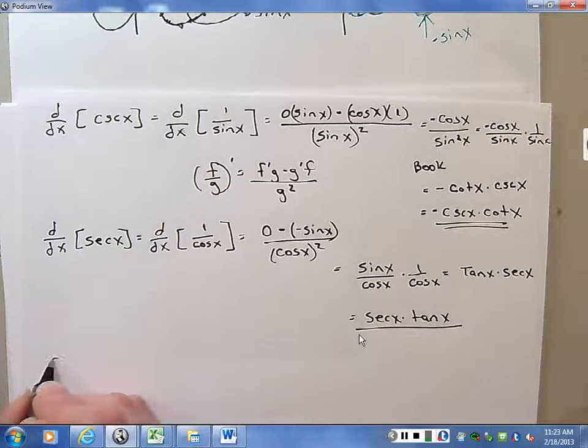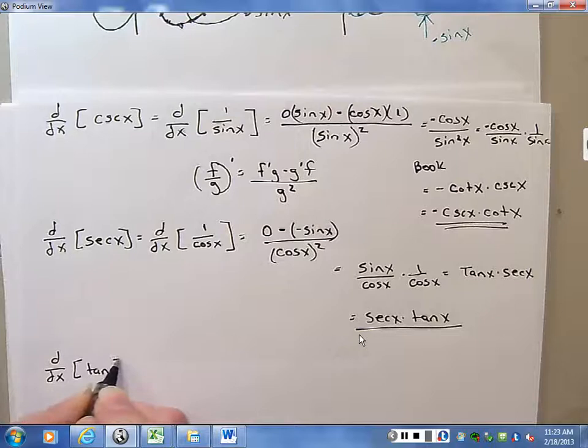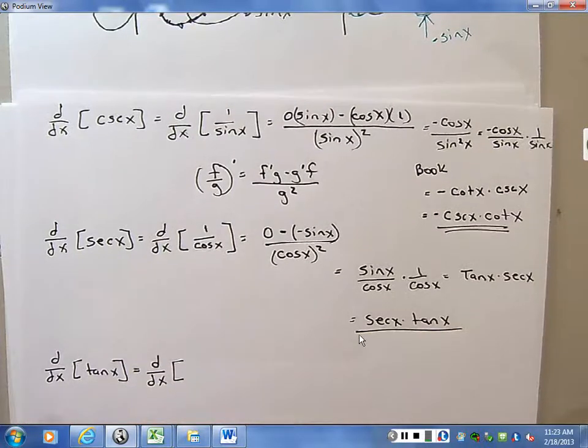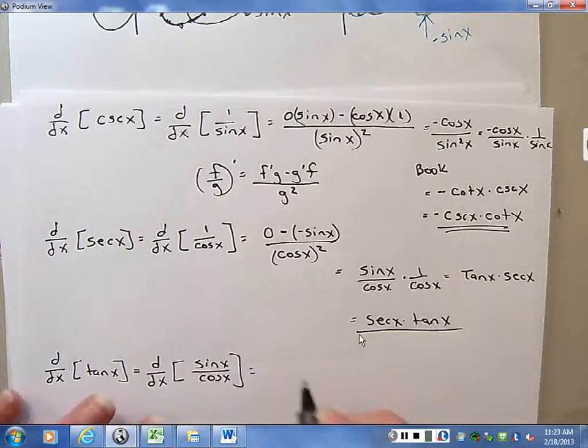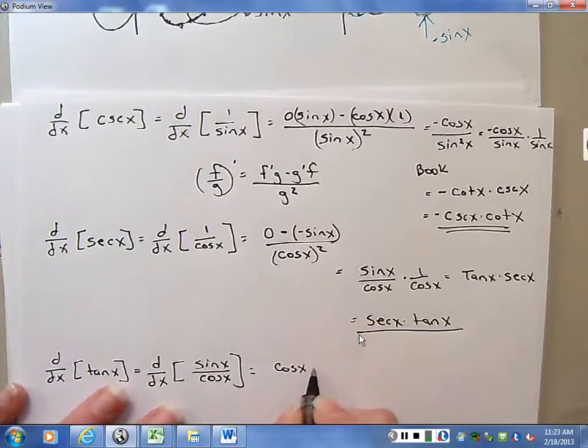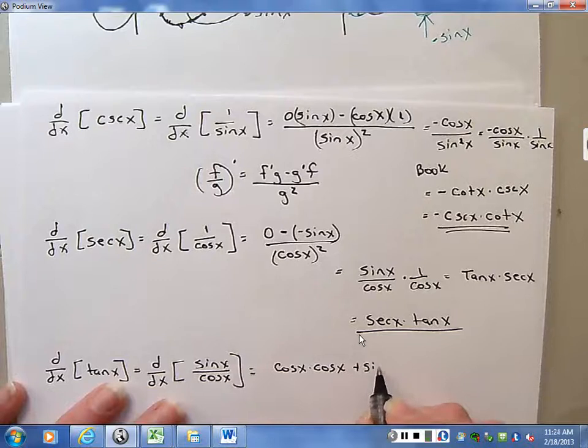So let's look at the derivative of tangent. I want to find the derivative of tangent, so I need to find the derivative of sine of x over cosine of x. Derivative of sine? Cosine. So really I have cosine of x times cosine of x minus sine of x times negative sine of x, all over cosine of x squared.